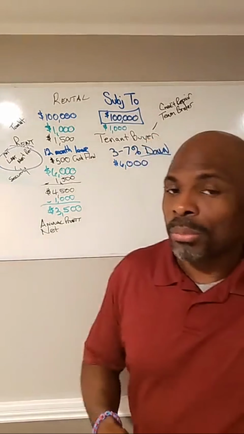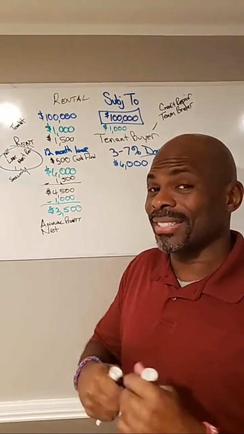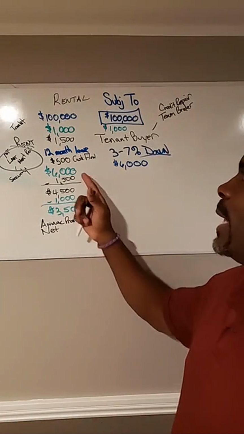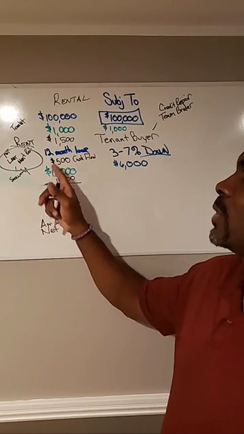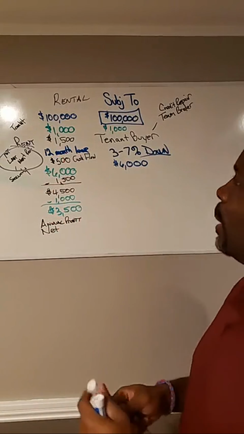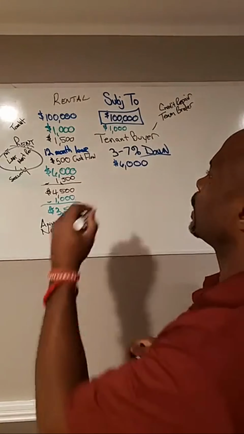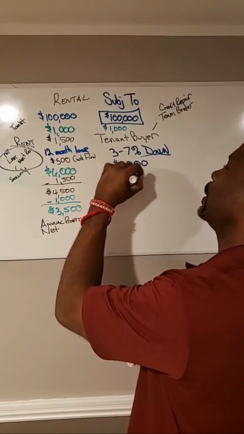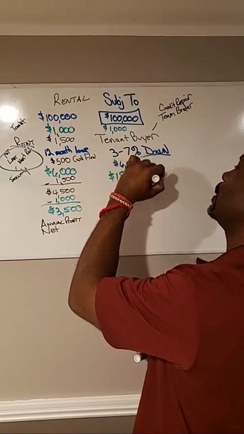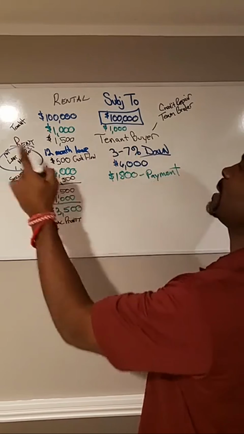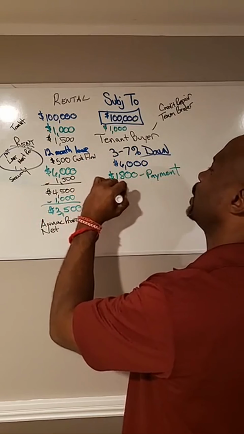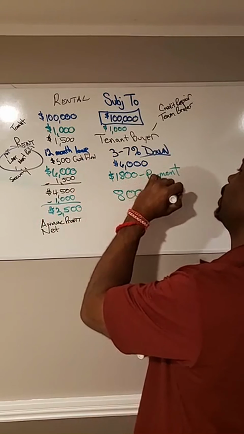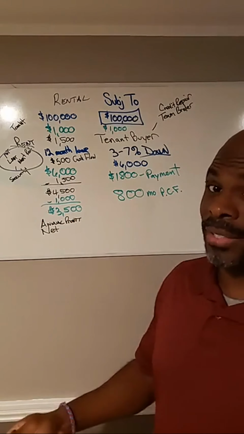So typically when people buy with that kind of scenario, they're paying a premium, paying more interest. So that is what allows you, instead of charging $1,500 a month in rent, let's say you're charging $1,800 in their payment. So instead of $500, you are getting $800 a month positive cash flow. All right, that's looking a lot better, right?